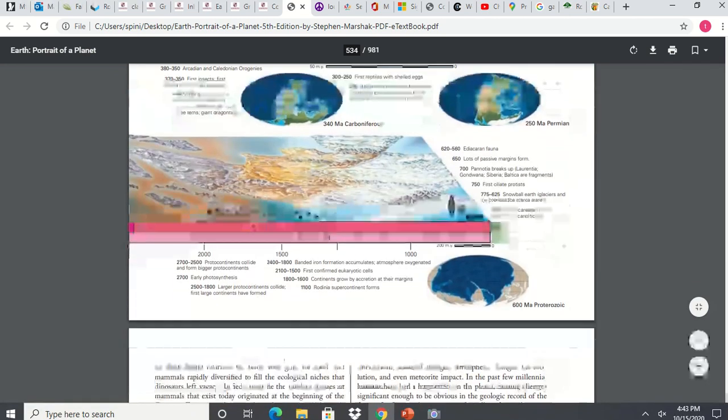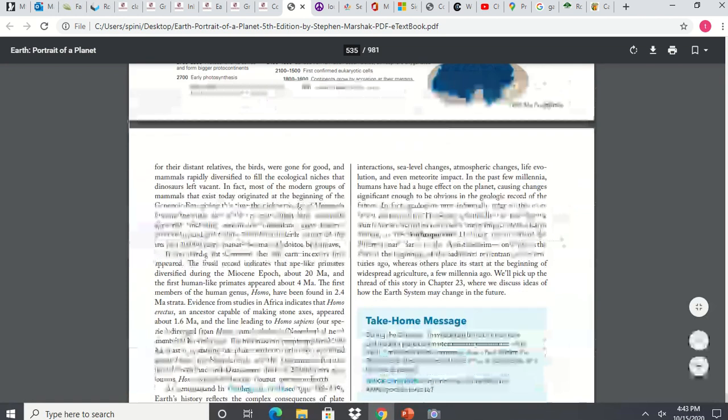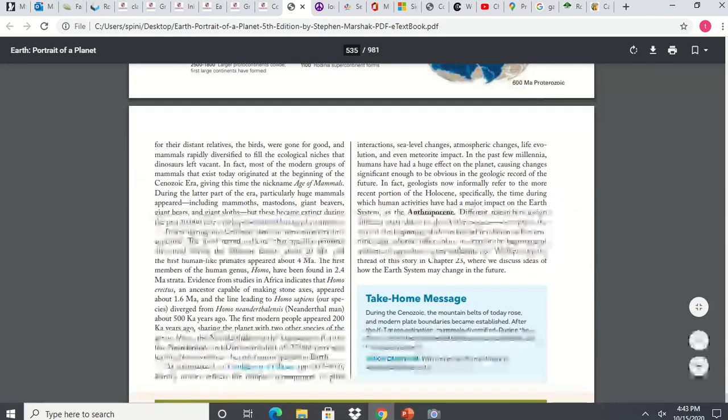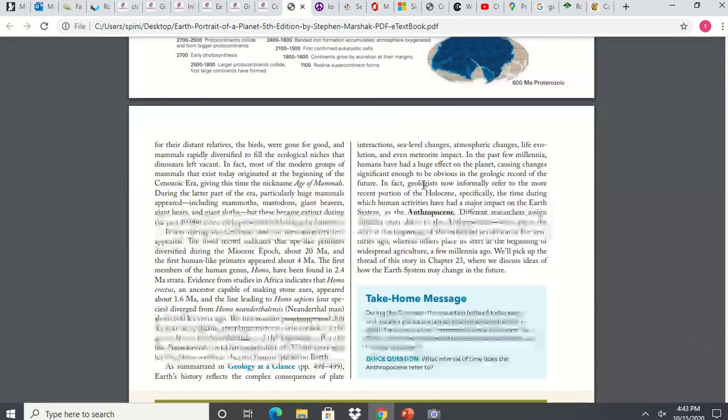And then, of course, the last thing we want to talk about is where we are today. There are some folks that are beginning to talk about a different period in time, and we call this the Anthropocene period. Anthro means human. We noticed that all those little time periods happen because something big changes.